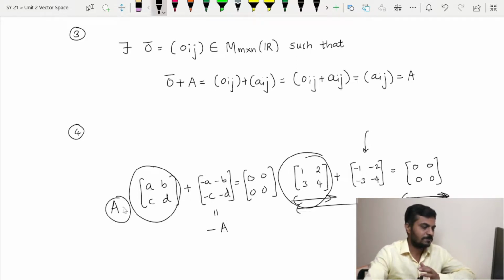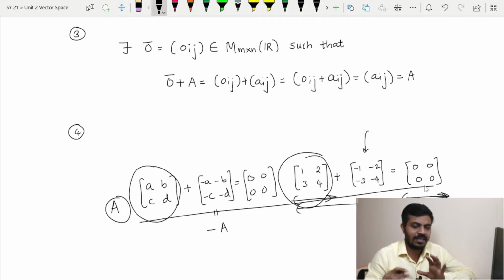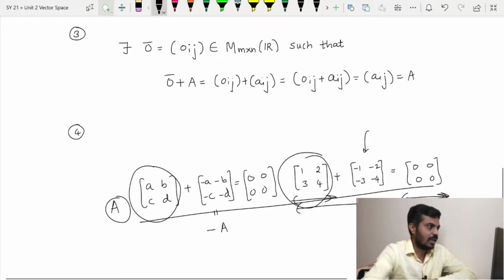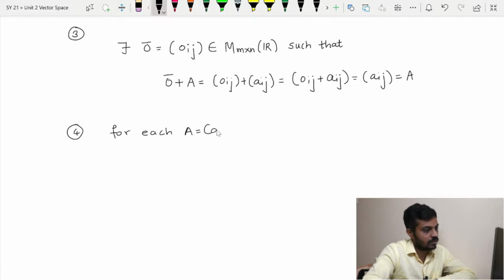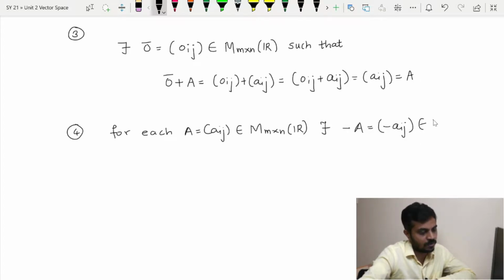The same thing is going to be true for the set of m by n matrices as well. So I will say here A equals Aij belonging to this set. There exists minus A, which is nothing but minus of Aij, which will also belong here.